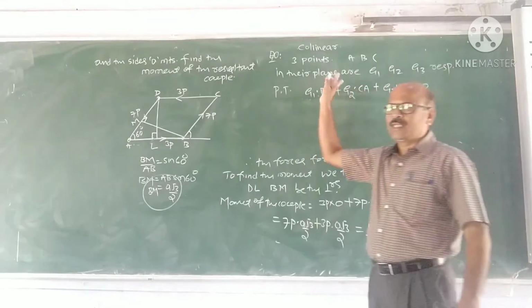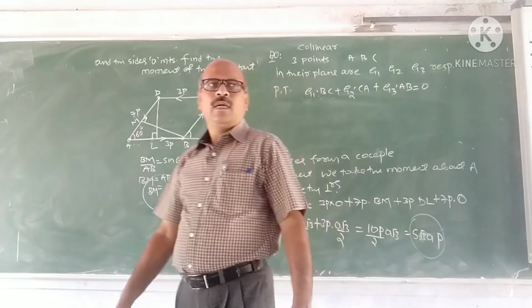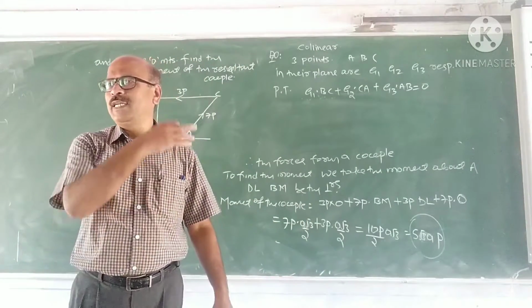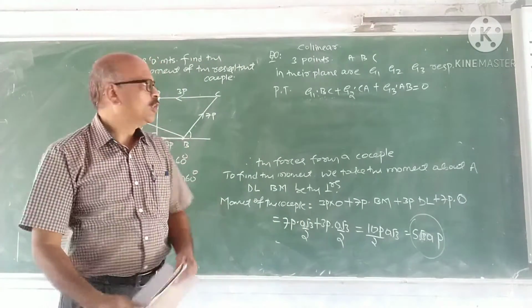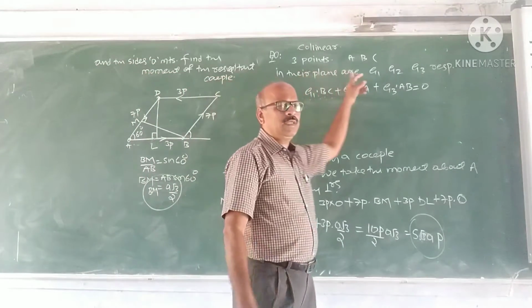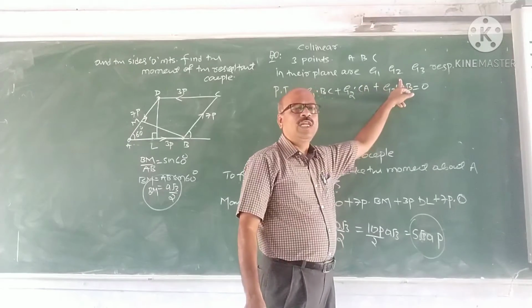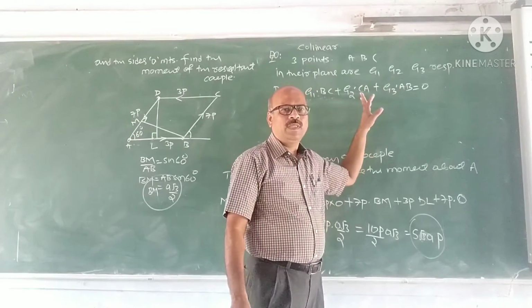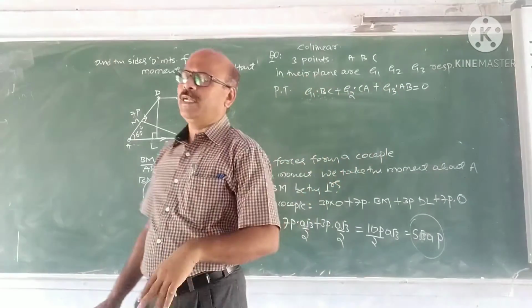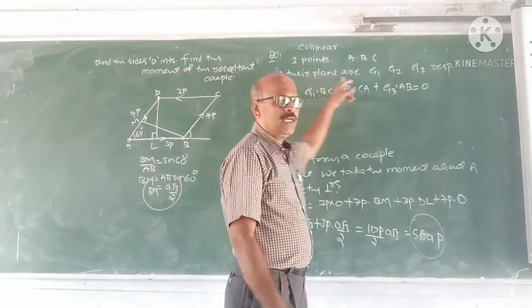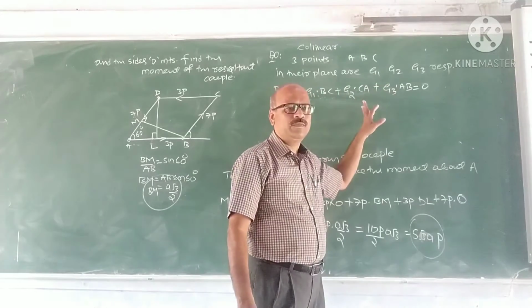Therefore, the 3 forces don't reduce to a couple. Why don't they reduce to a couple? Because the moments of the resultant of the 3 forces about 3 points are different. Therefore, the forces reduce to a single force.